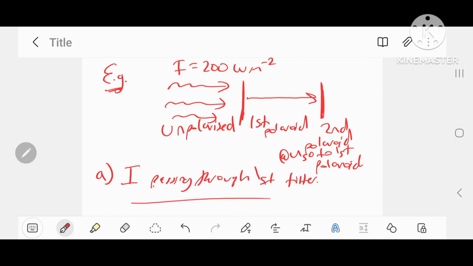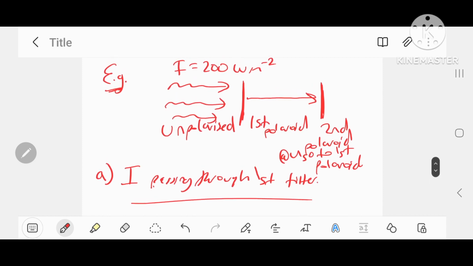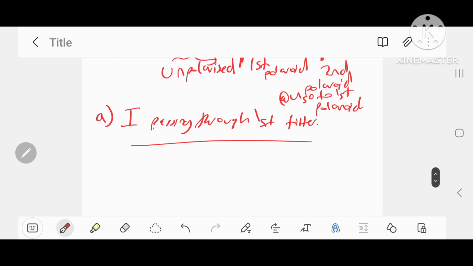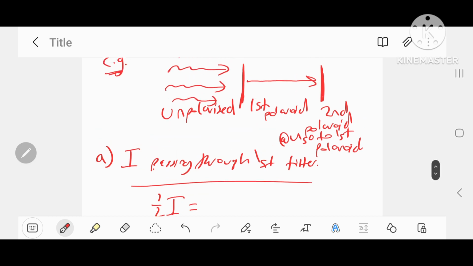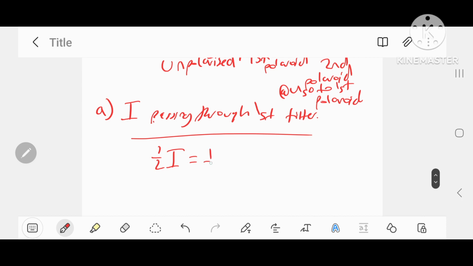Let's see how this thing works. Now, assuming that the filters are perfect polarizers, as assumed in the question, we know that only half the intensity will come out, right? So half times 200, the initial intensity, is 100 watts per meter squared. Okay, in other words, half the incident intensity is transmitted through the first filter.